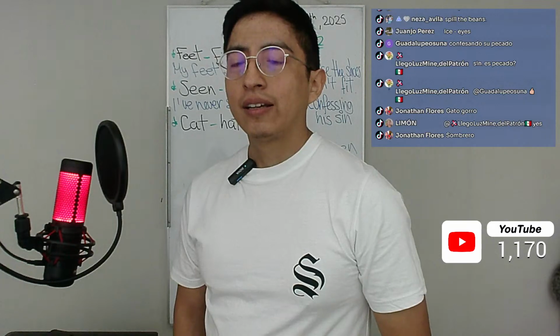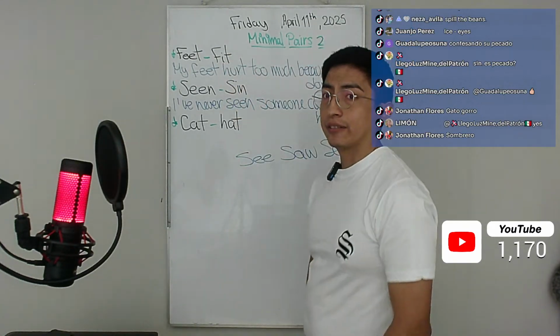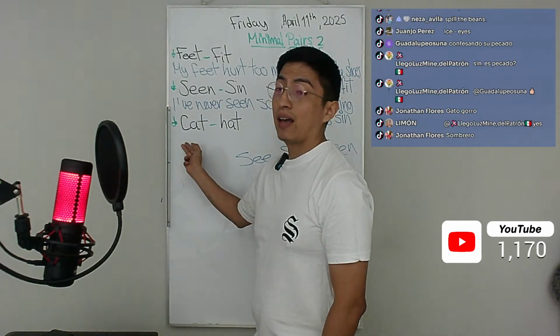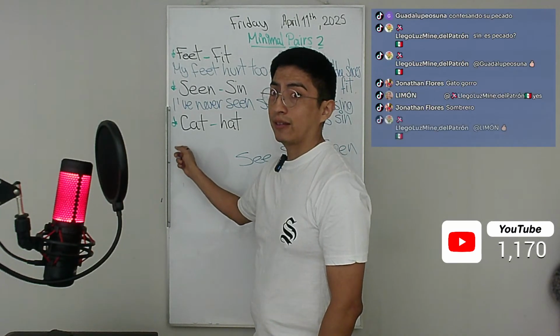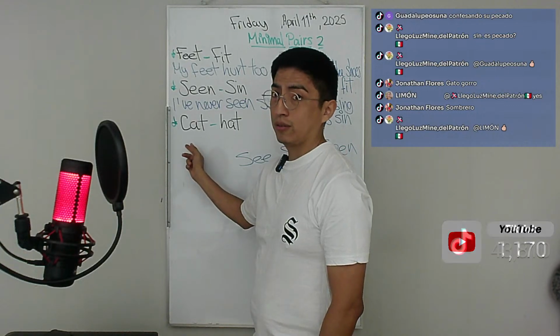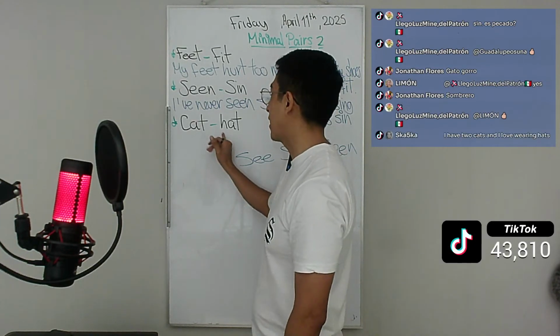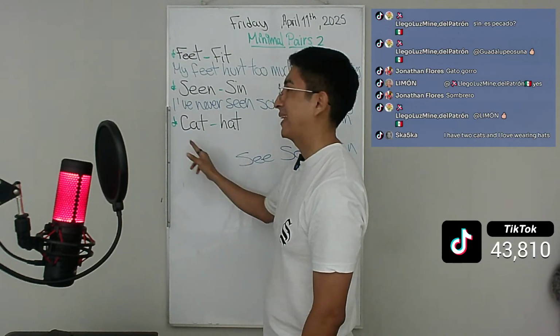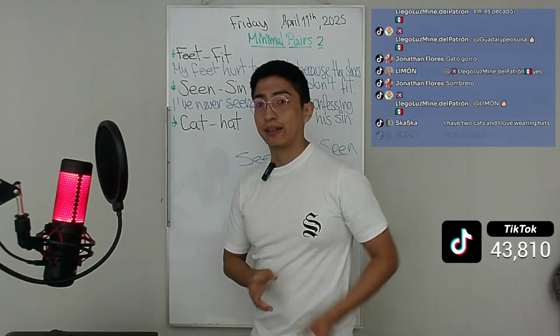What do they mean, guys? This is the pet. A lot of people have cats at home, right? Do you like cats? And then we have here hat. Hat, hat, cat, hat. Yes, that's right.